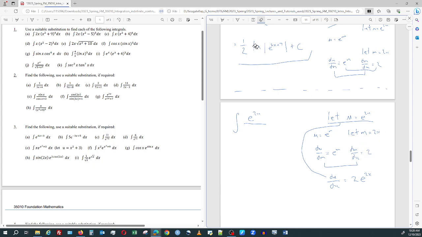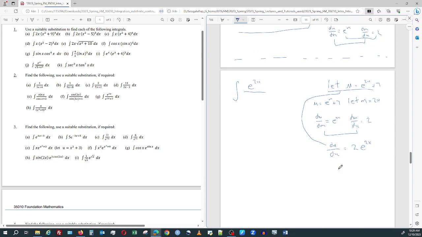I did the differential correctly, but plus 7 is down here. So m is just 2x, and e to the m plus 7. Differential of that will just be e to the m. Differential of 2x is 2, so we get 2e to the 2x, nothing's changed there. So we're looking to see now if we've got, it's easy, isn't it? It's easy to do both things.